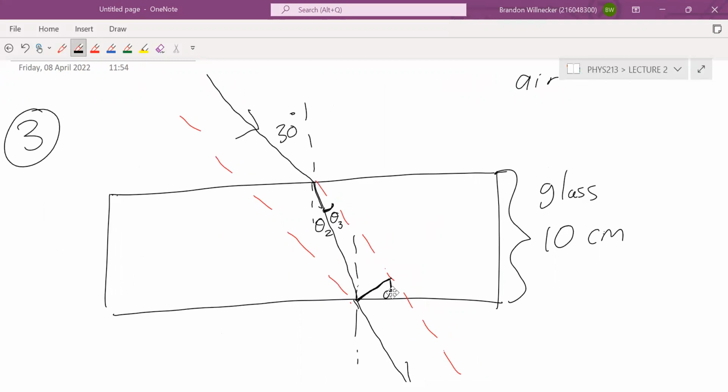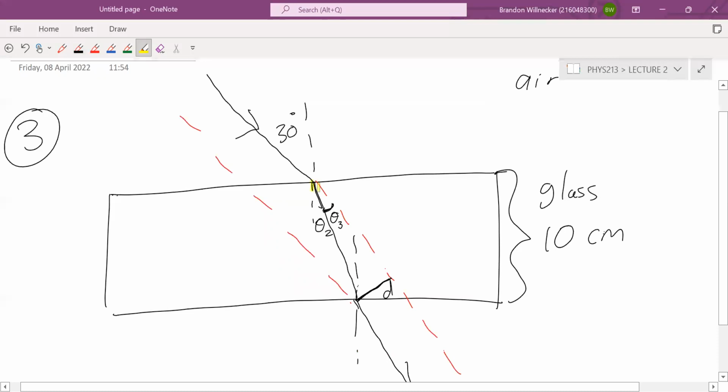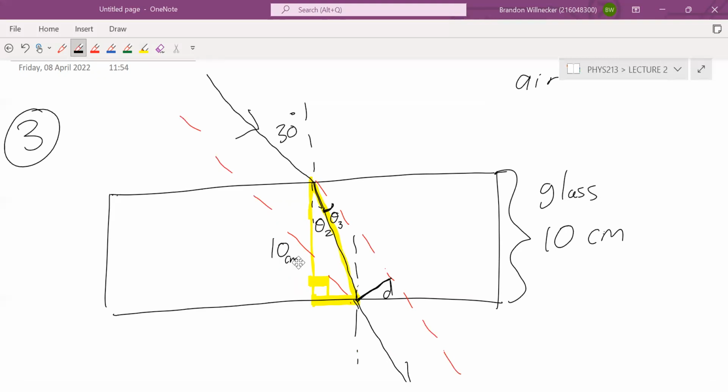So what we can do is use a bit of trigonometry to put in some triangles so we can work some things out. So the first triangle I'm going to draw like so. We know this is a right-angled triangle. We know that the adjacent is going to be 10 centimeters, because that is the thickness of the block.